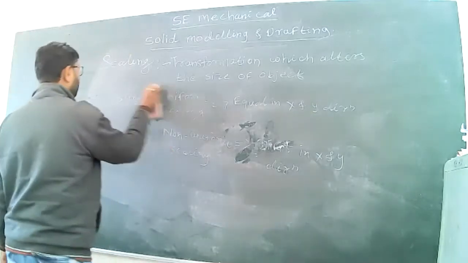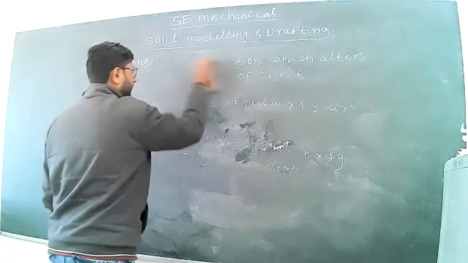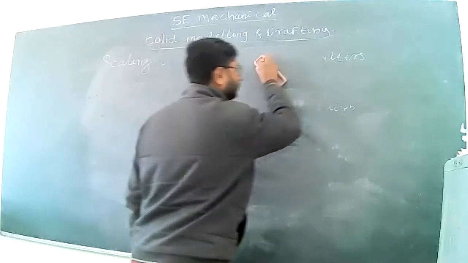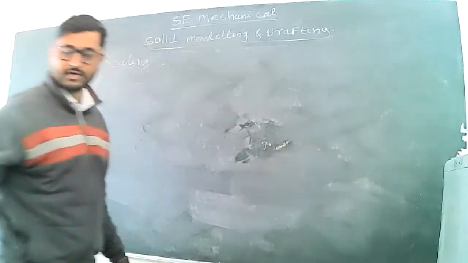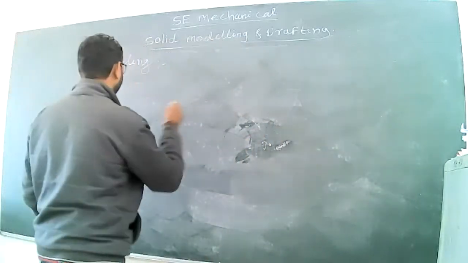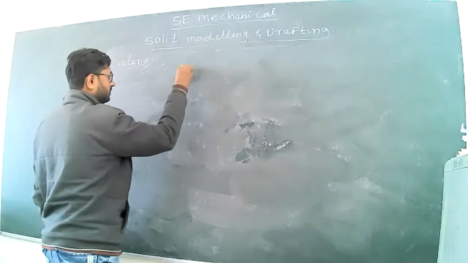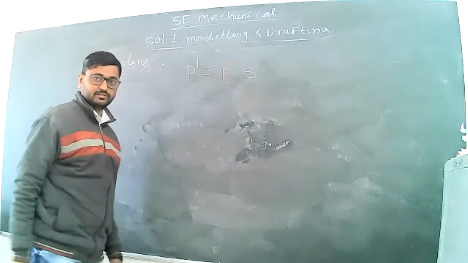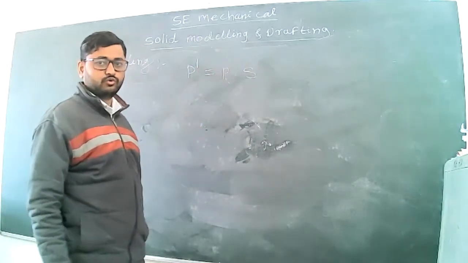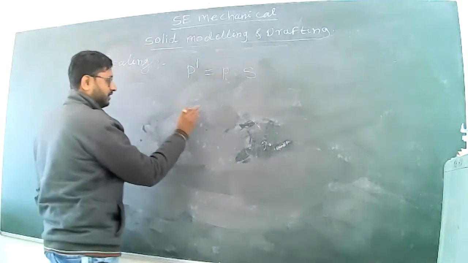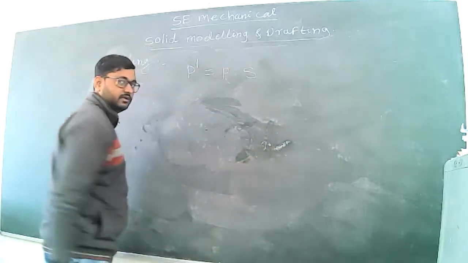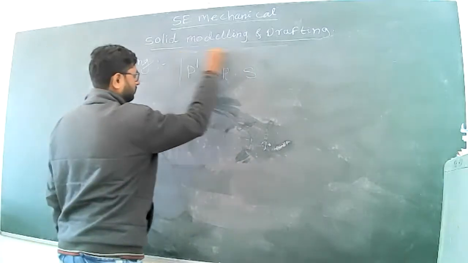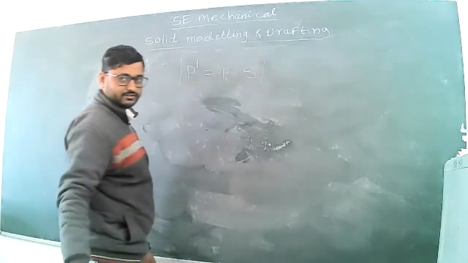Next, there is a simple formula to solve the numericals or problems on the basis of scaling: P dash is equal to P into S. This formula is used to calculate the scaling parameters or scaling factors in the transformation.